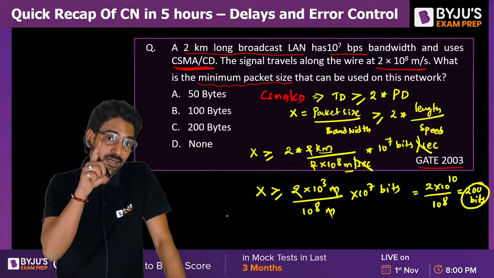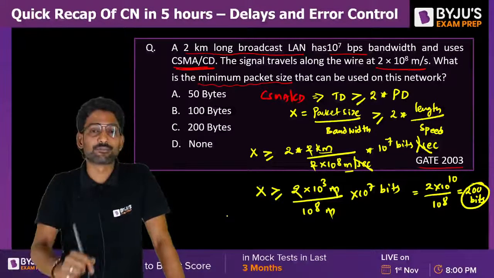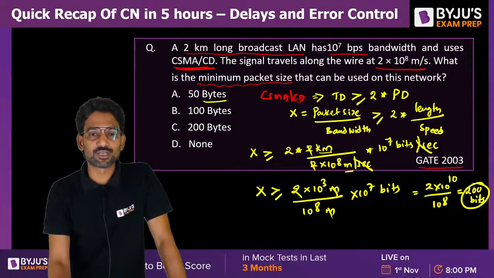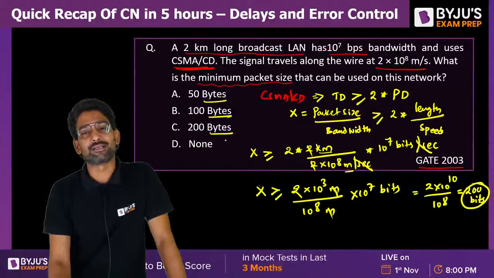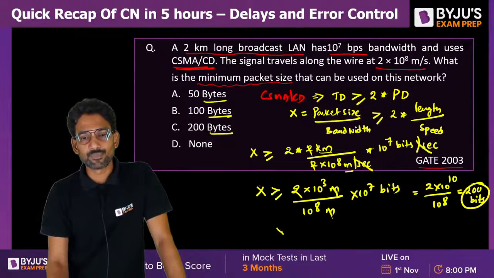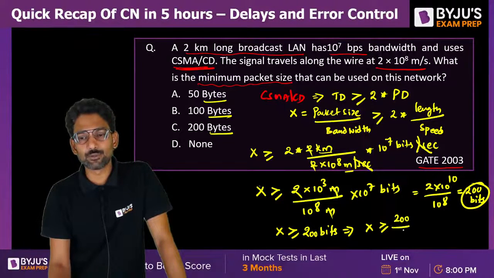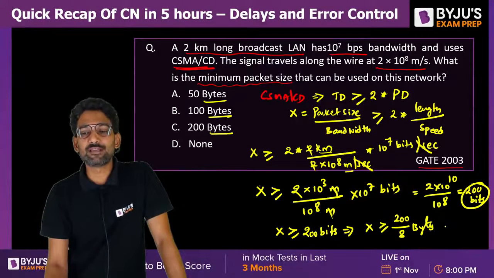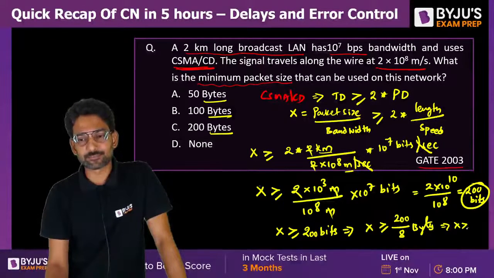So don't be in a hurry. You have to be attentive. The options, if you check, are in bytes. So we know x must be greater than or equal to 200 bits. That means in bytes, x must be greater than or equal to 25 bytes.